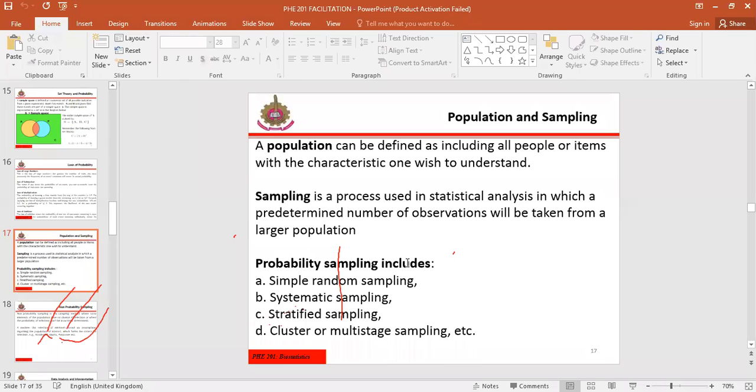Then I can decide to sample the first half of the first row that I've divided, the second row too, the third row too, and so on.